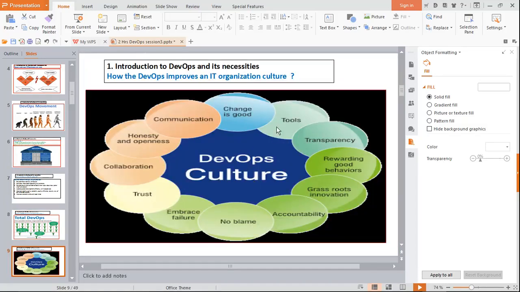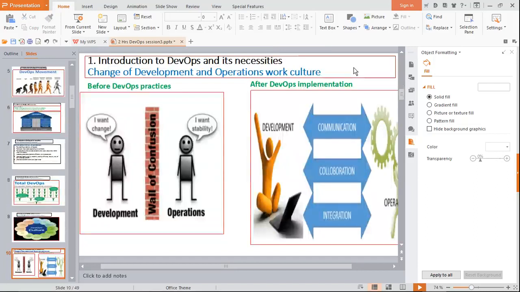And tools are going to be implemented, because everything we are going to automate: testing automation, infrastructure deployment automation, such kind of things. And change is happening for good only. People will feel it, and this is the culture the organization will get ultimately once the DevOps practices are accelerated within the teams. Now we'll see next slide.